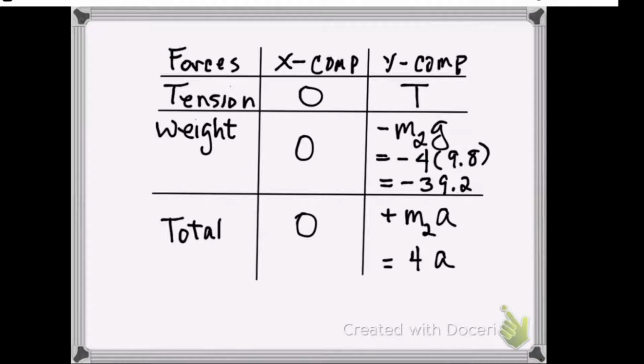All of our analysis for this object is in the y component. So we have the tension, which is positive, and negative 39.2, which is pulling down. And that's going to be equal to, because that last line needs to be thought of as an equal sign, 4a. So let's write down that equation.